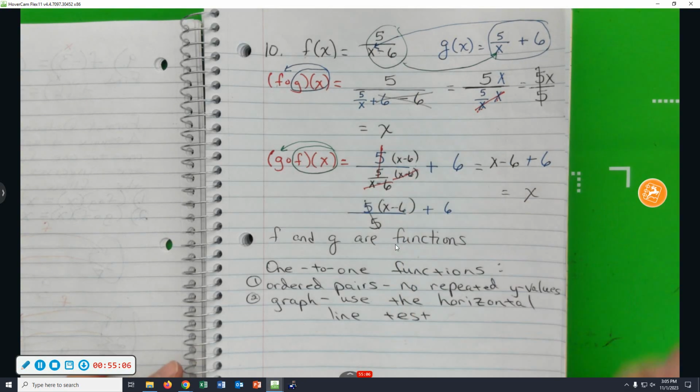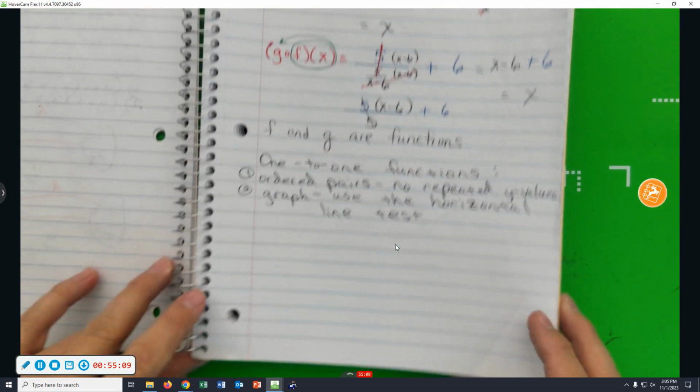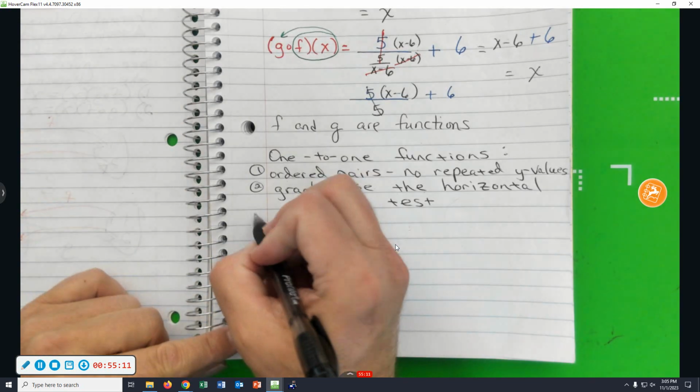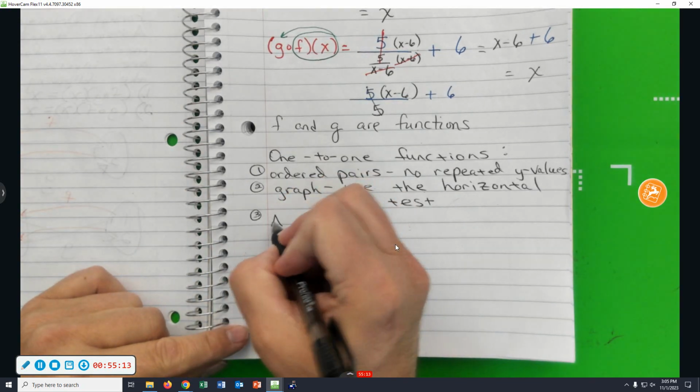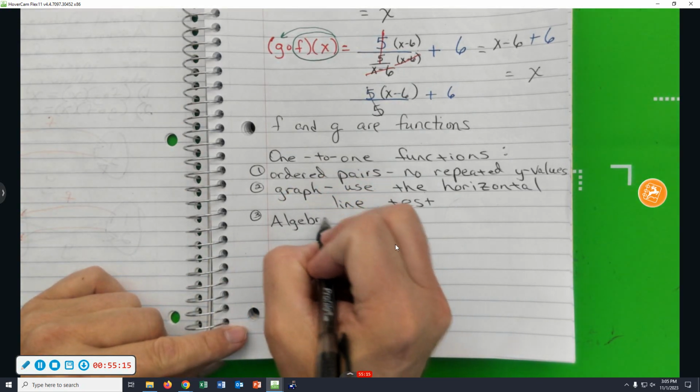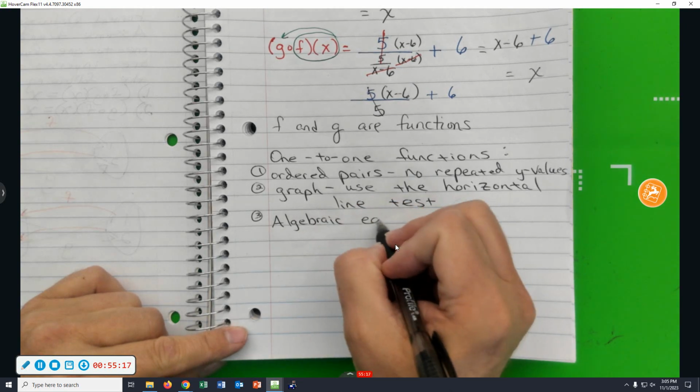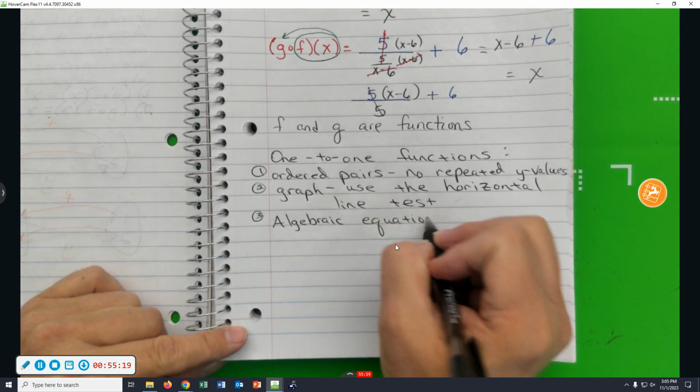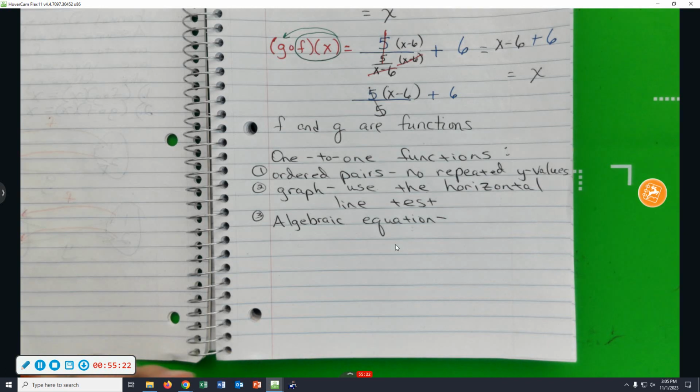How do you tell if an algebraic equation is one-to-one? We don't want repeated y values.